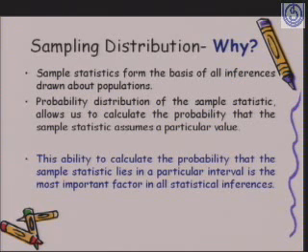This is a very important point to understand: the ability to calculate the probability that a sample statistic lies in a particular interval is the most important factor in all statistical inference. Now, what is meant by the statement that I have just made?